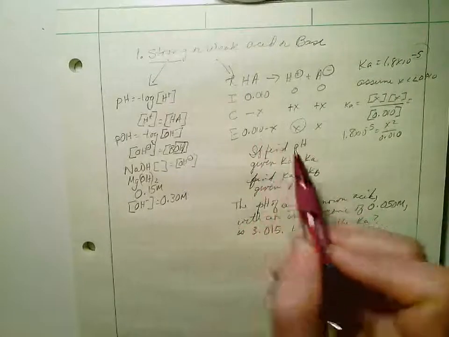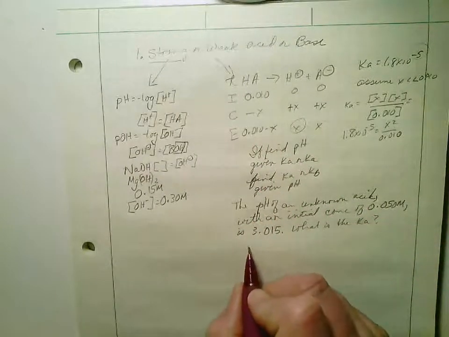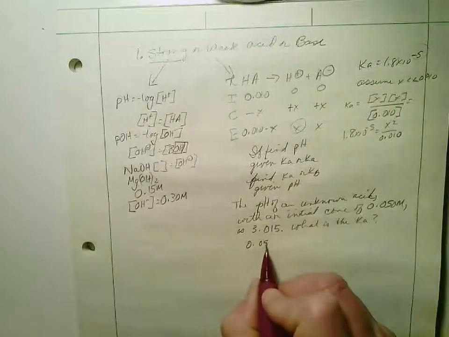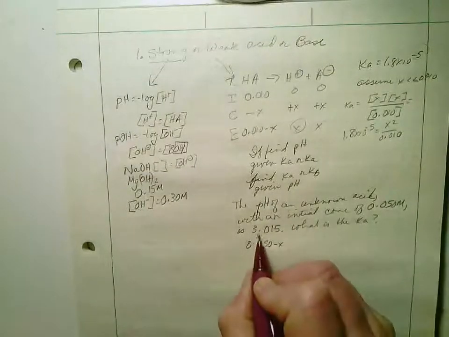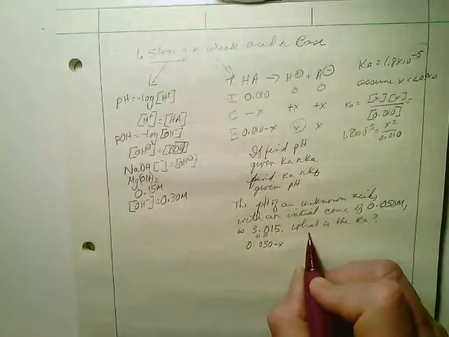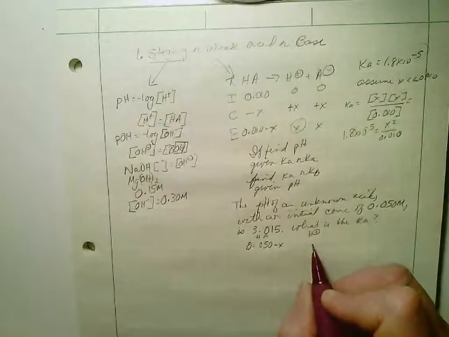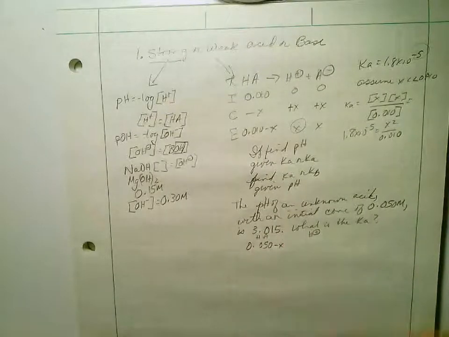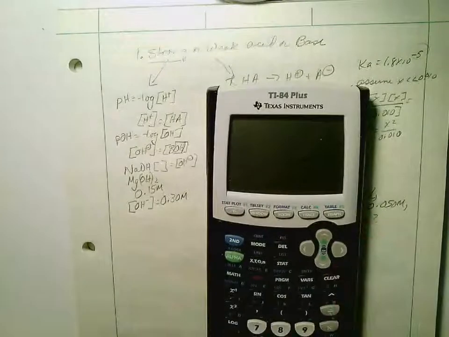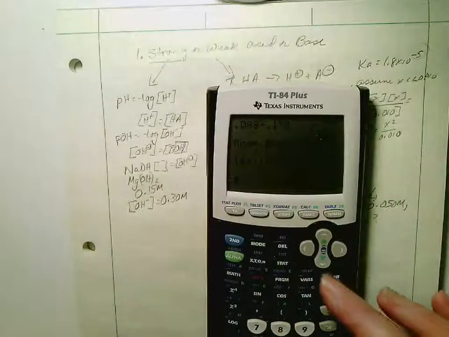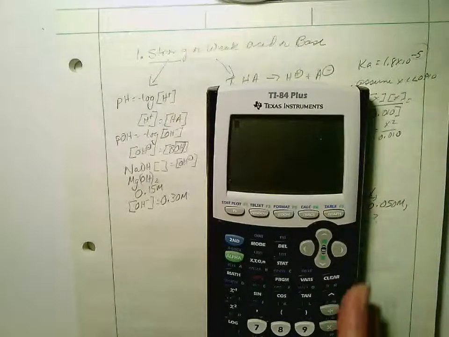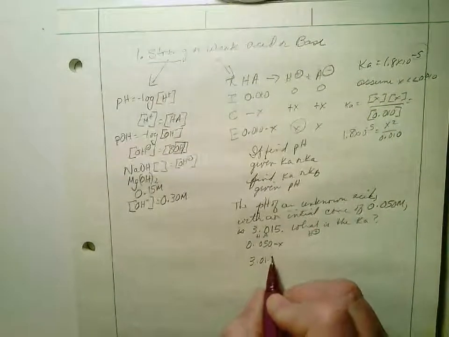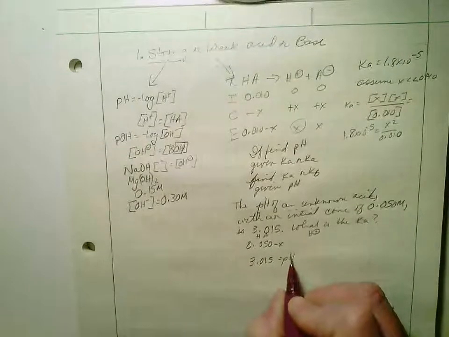So we still have this kind of setup, only this number's changed. At equilibrium, our concentration is going to be 0.050 minus x for HA. H would be, and I can find it from this pH. So how would I do that? I have 3.015 equals my pH.